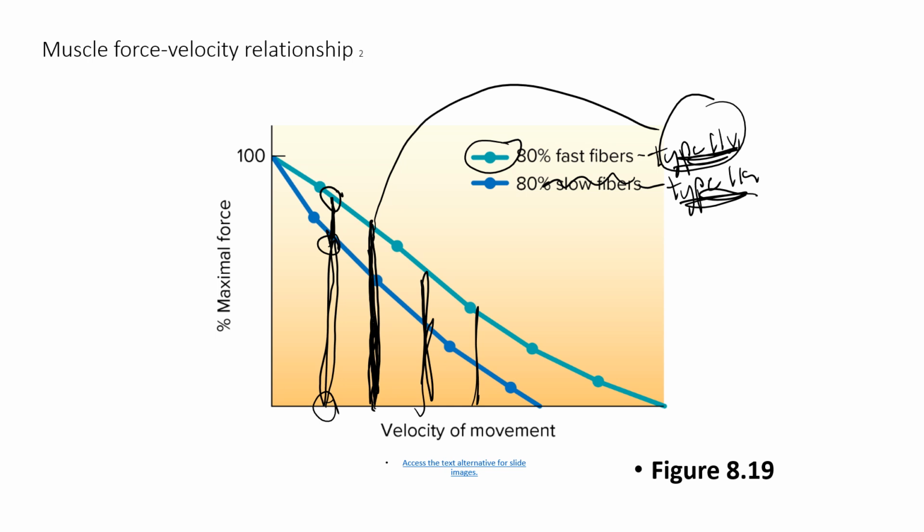Perhaps in the type 2X fibers, the myosin heads are put into a more favorable position than in the type 2A fibers, or more of them are.